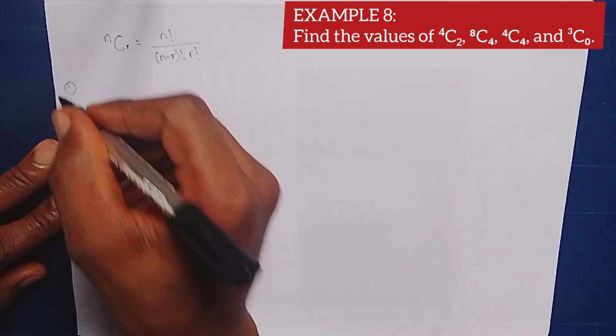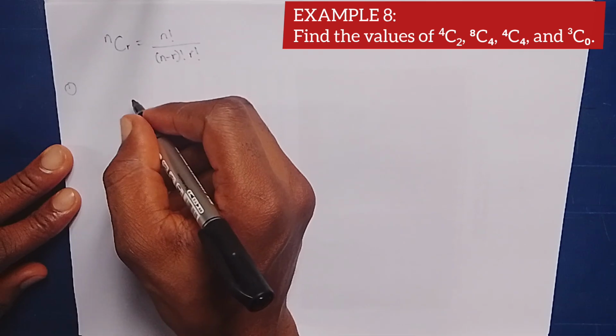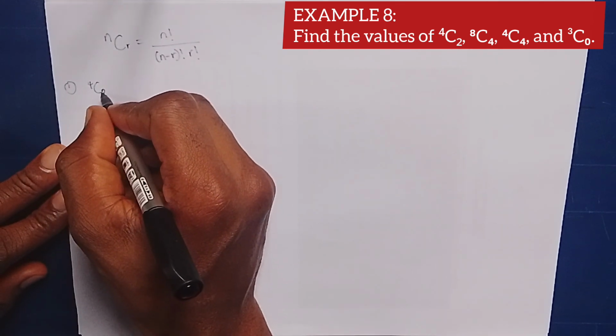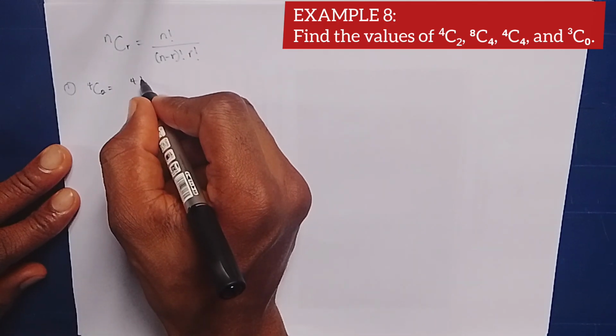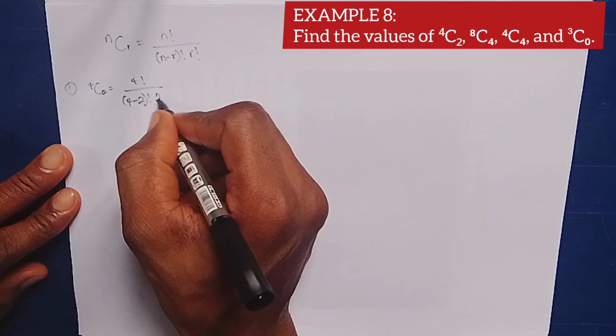Now let's try out some examples. We are asked to find the values of 4 combination 2, 8 combination 4, 4 combination 4, and 3 combination 0. Now, using this formula, 4 combination 2 is equal to 4 factorial over 4 minus 2 factorial, 2 factorial.